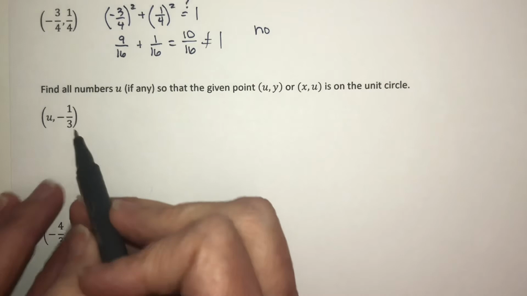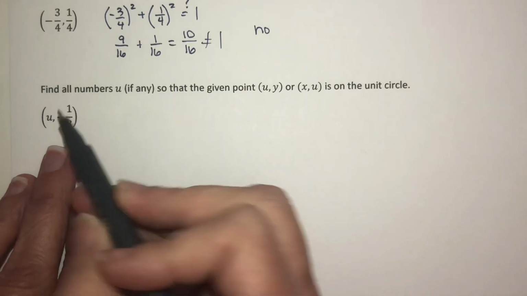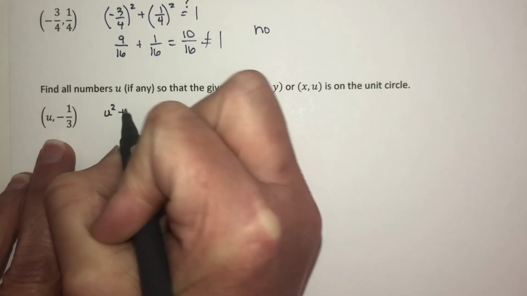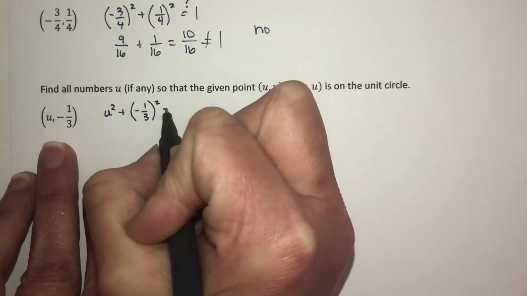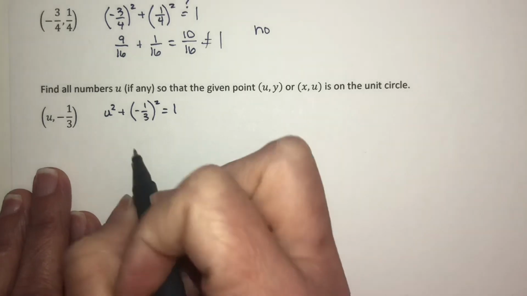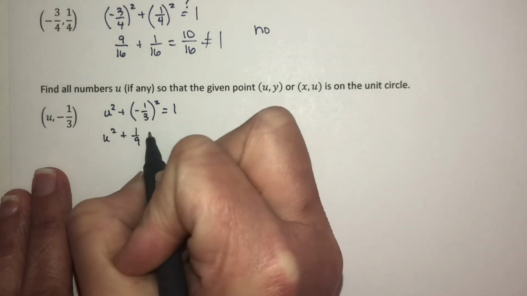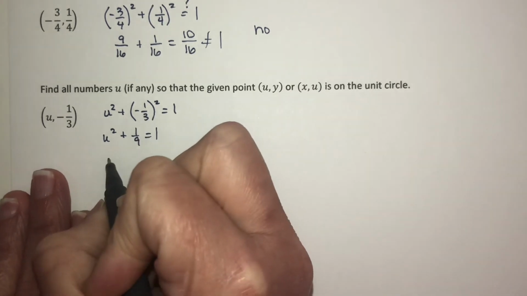So if I look right here and I want to find all the values of x that will work if my y value is -1/3, I will plug in u squared plus -1/3 squared, and that needs to equal 1. So I have u squared plus 1/9 is equal to 1. Subtract 1/9 from both sides.